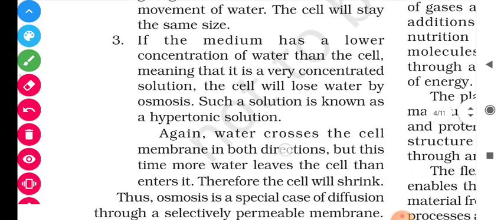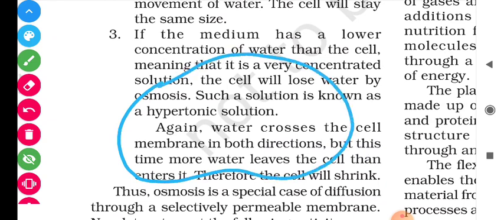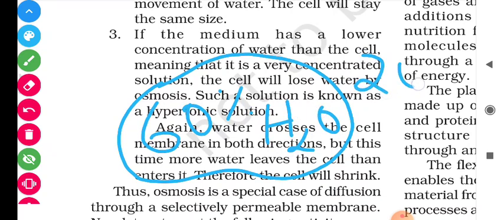Okay. Third, if the medium has a lower concentration of water than the cell, here 60% of water is available inside the cell, and here only 20% of water is available outside the cell. So now can you tell me in which direction the water will move?